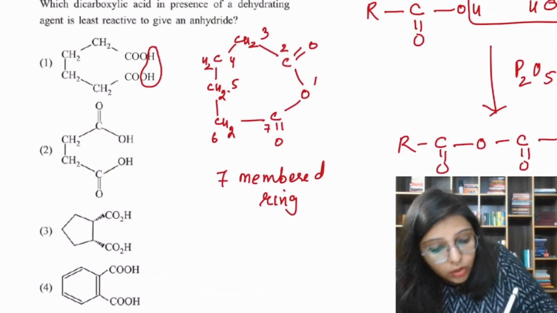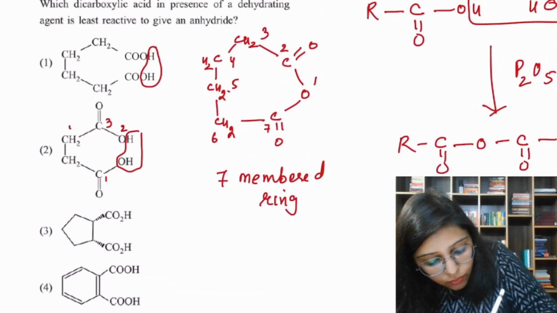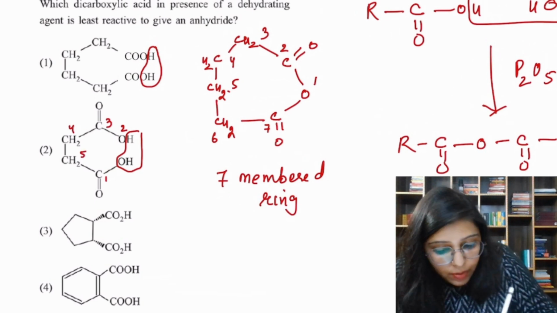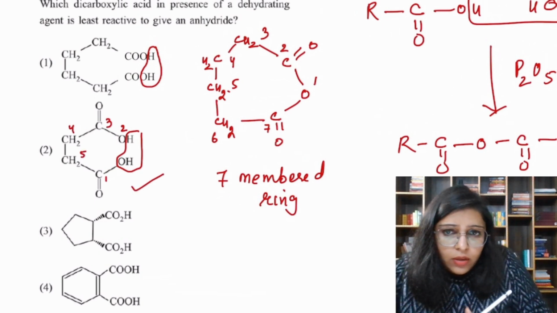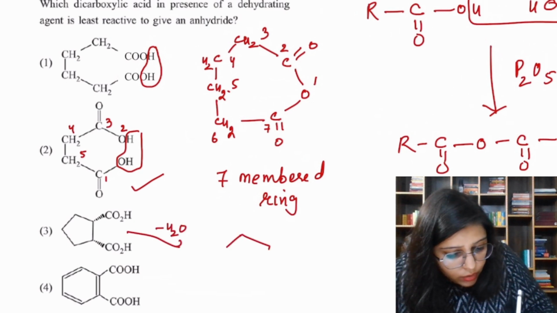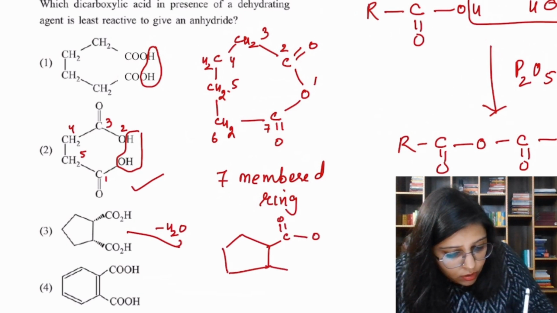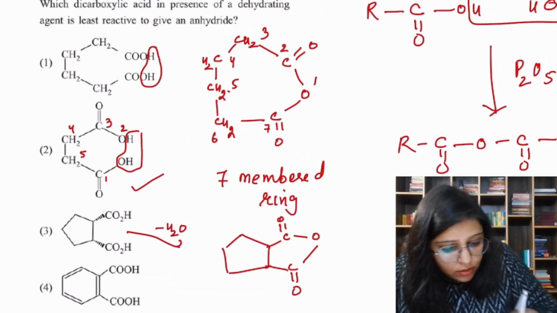So if you remove water, H or O, you get a 1, 2, 3, 4, 5-membered ring. So we can form this. When you remove water from here, you get C double bond O, C double bond O, and this, so you get a 5-membered ring, right?